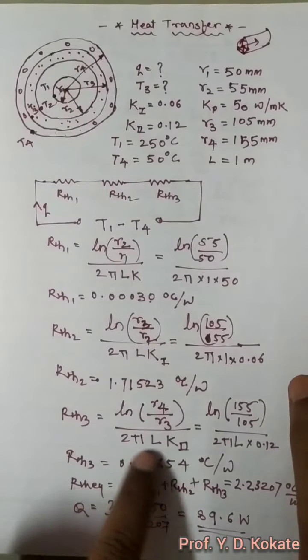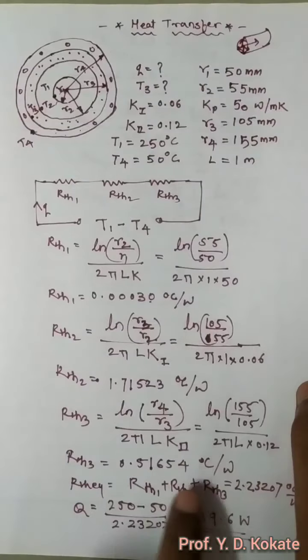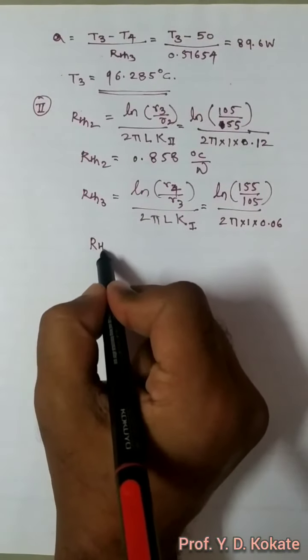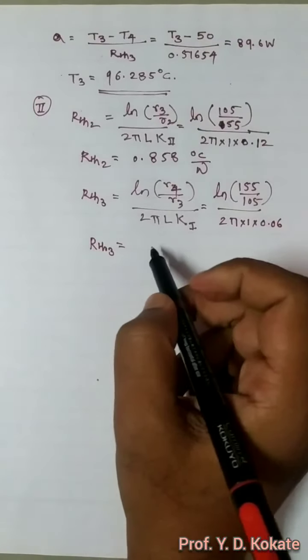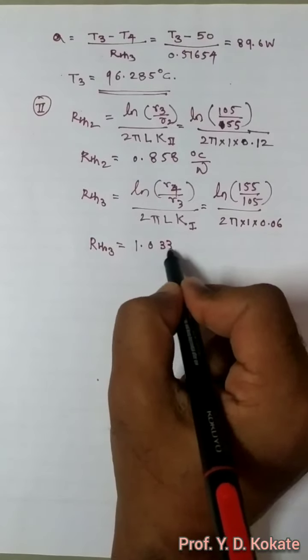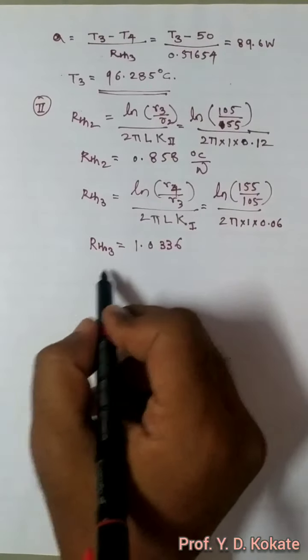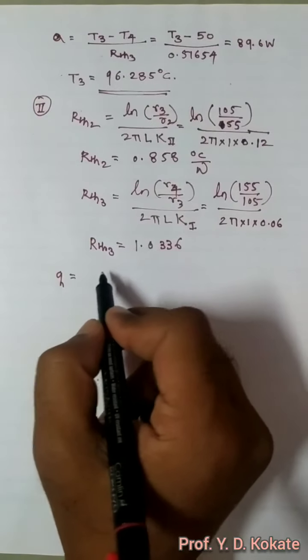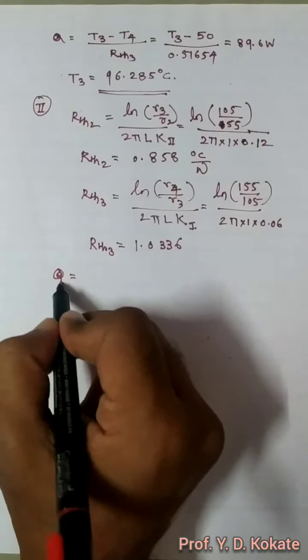That's why it has changed. Over here we took 0.12. That's why this value and this RTH3 value will not be the same. So we will have a value of 1.0336.